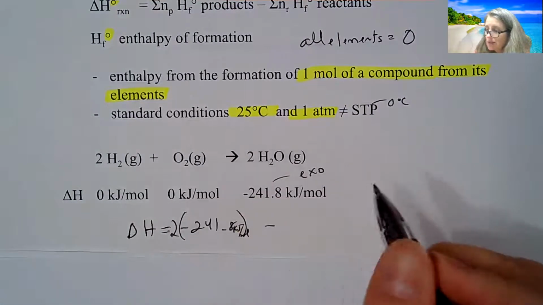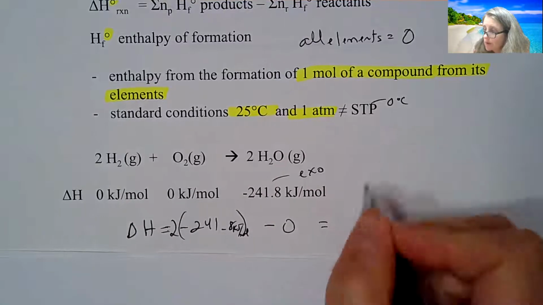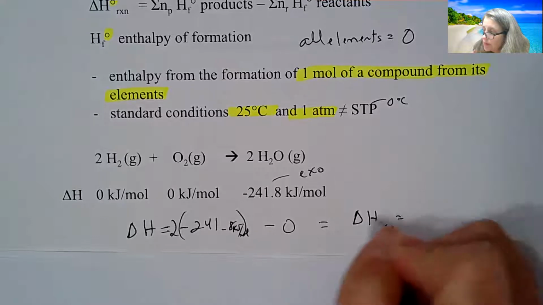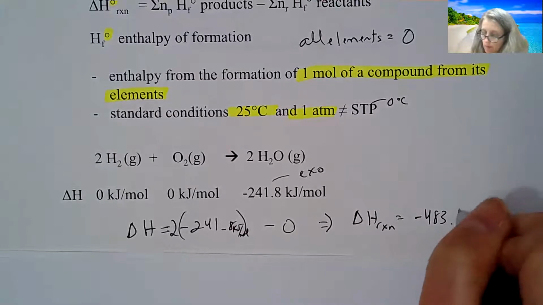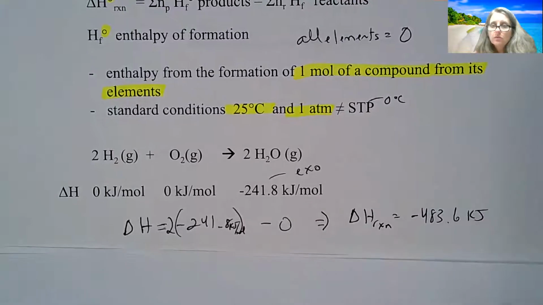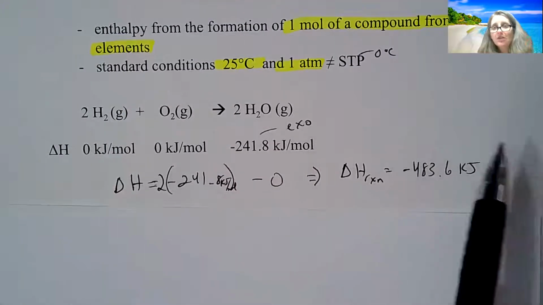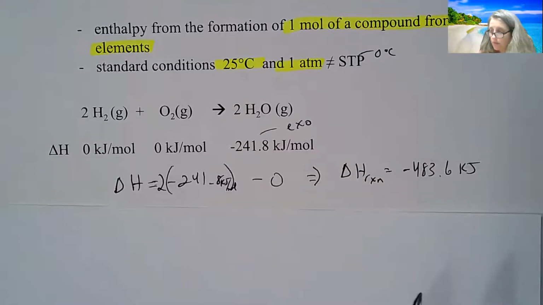I then subtract the reactants. Well, both of these are 0, so I subtract from 0. So my overall delta H of this particular reaction is going to be negative 483.6 kilojoules. Okay. So that means when water forms, I'm going to get that much energy out. And again, being negative, that's going to make it exothermic.